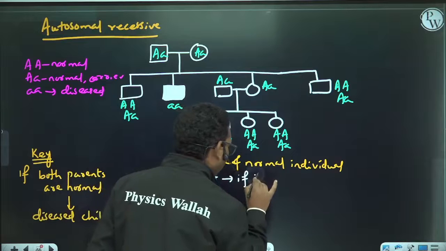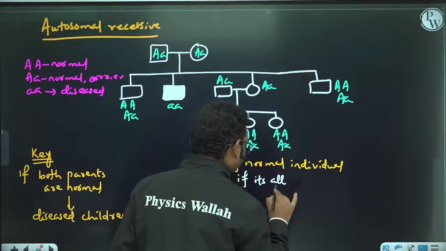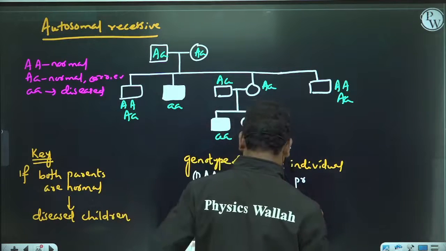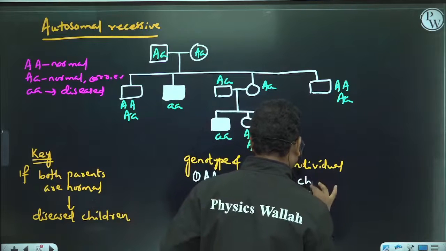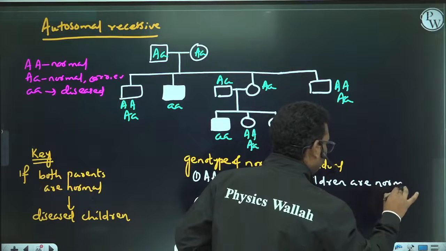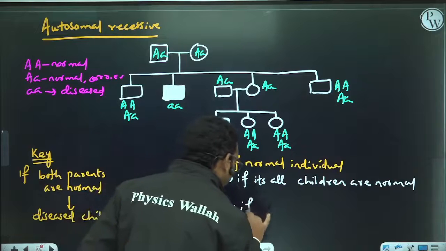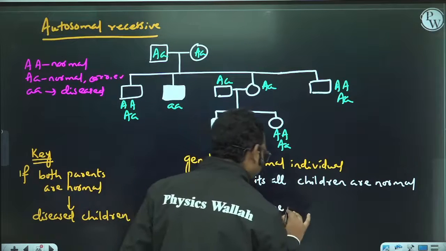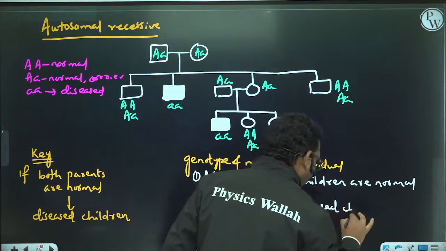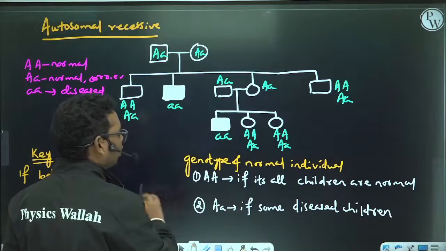If all its progeny, or I can write children, are normal, then I should take capital A. And if some diseased children are present, then I should take capital A, small a.